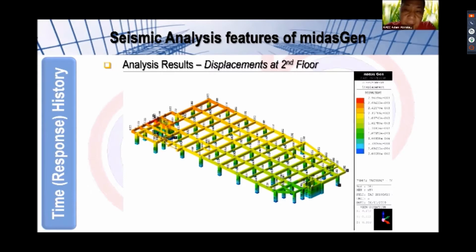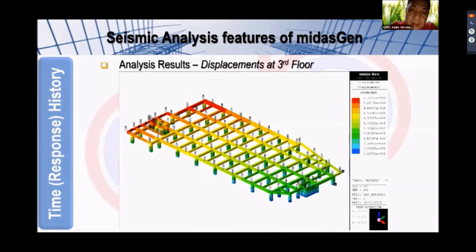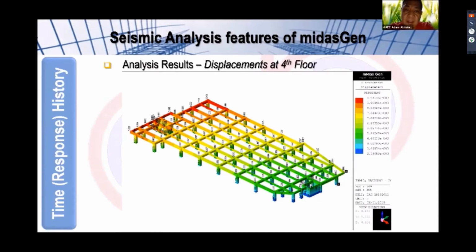In that case, we ran it and then we got the results, in particular the displacements at every floor, so that we'll be able to check the lateral drift of this existing building. And then we compared that drift at every floor to the drift when you run it using the response spectrum.